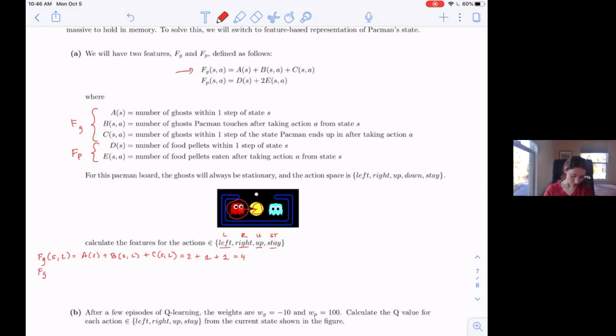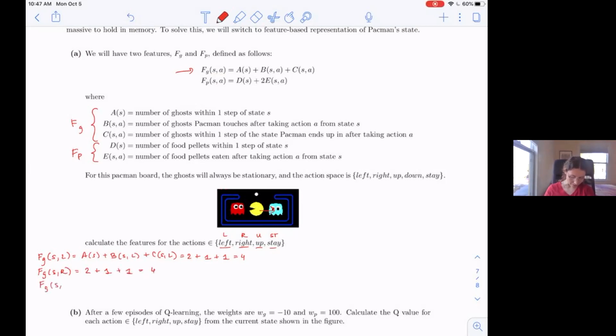What about FG of S, R? Well, if Pac-Man goes to the right, there's going to be 2 ghosts within one step, then there's going to be 1 ghost that Pac-Man touches, and 1 ghost within one step of Pac-Man's next state. So it's going to be 4 again.